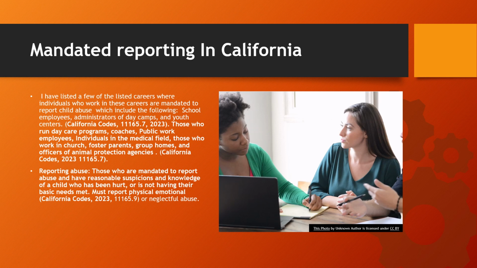Those in the medical field, such as physicians, which includes all specializations. Individuals working in the mental health field, which includes medical assistants, volunteers, and interns. Individuals who work in churches, foster care families, employees in group homes, as well as officers of humane society and animal control organizations.